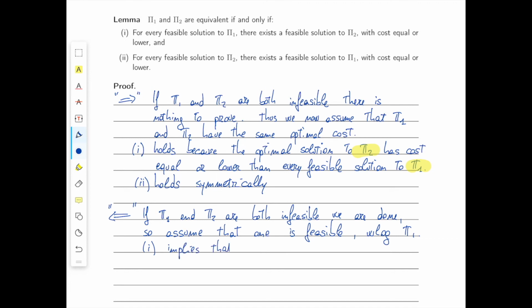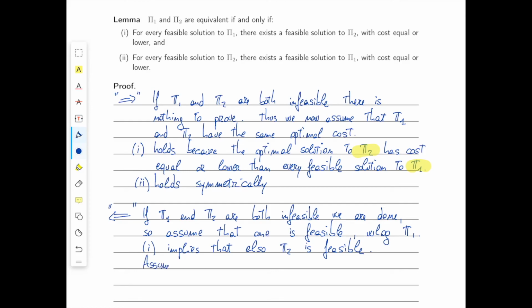So 1 implies that also pi2 is feasible. Good. At this point, they're both feasible. Everything we need to show is that they have the same optimal cost. So assume by contradiction that one of the two has a strictly lower optimal cost.